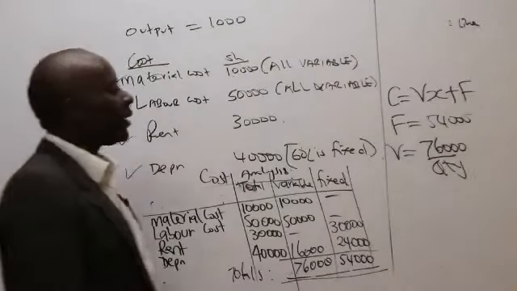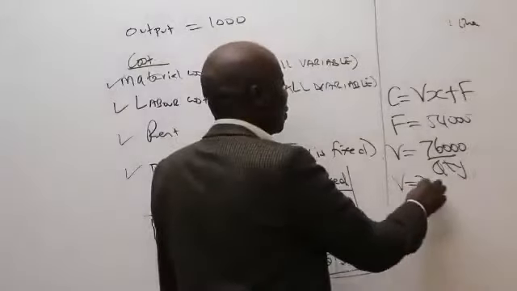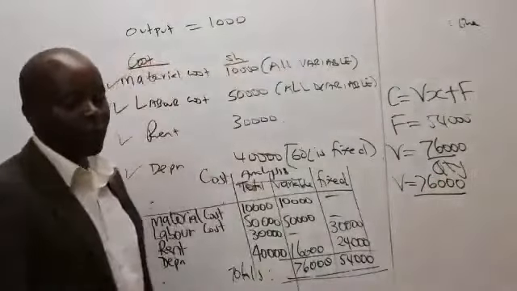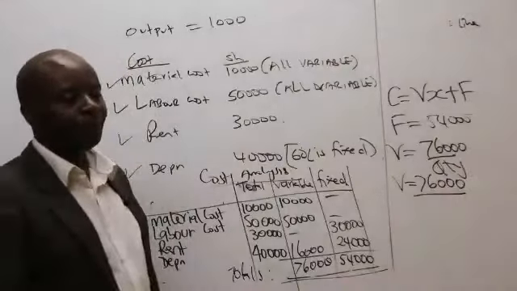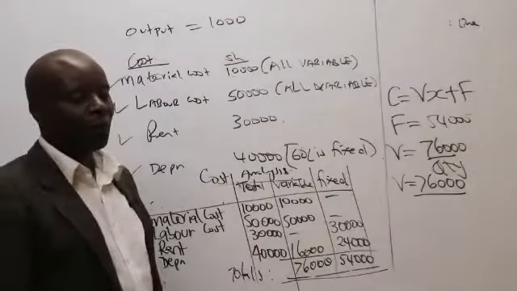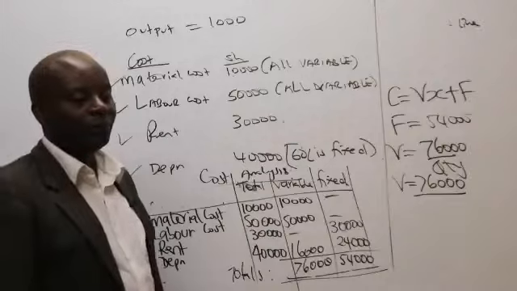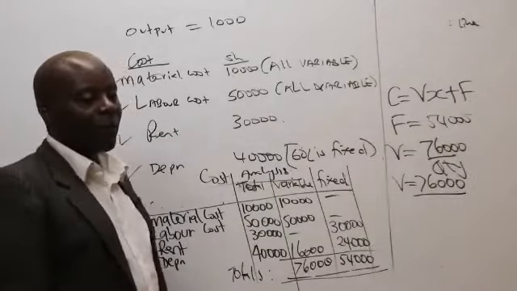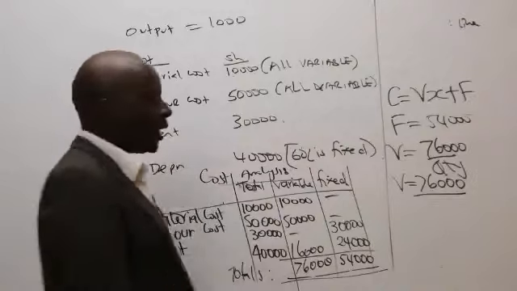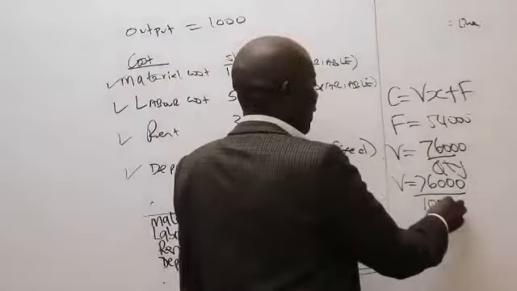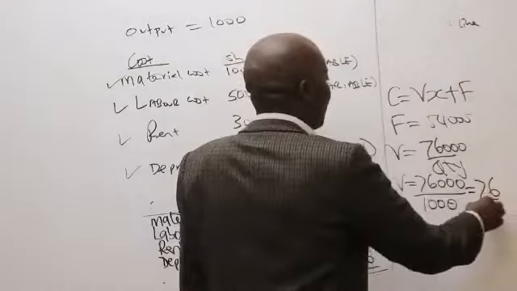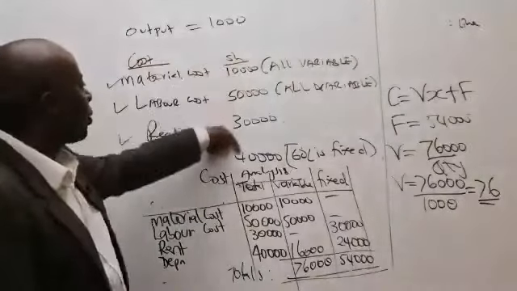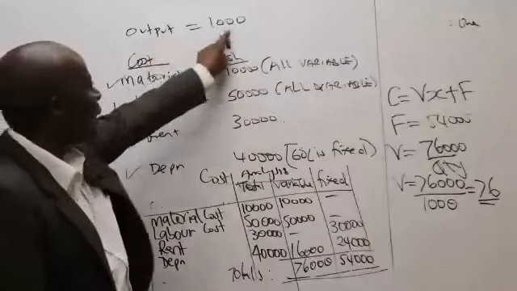So my V will be 76,000 divided by what quantity? I'm being told here 1,000. So this will end up giving us 76, because remember this information that we have here was used to produce 1,000.